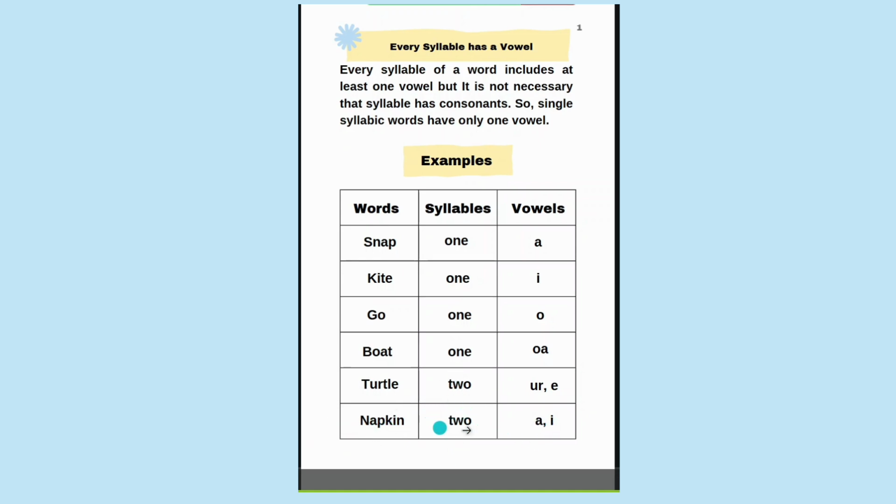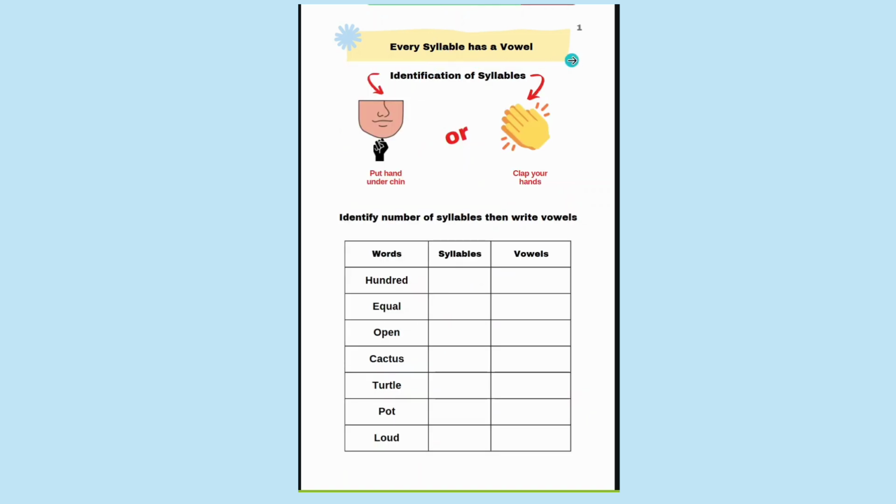So it is having two syllables. So every syllable must have a vowel. If we have three syllables, it means we are having three vowel sounds in it, or three vowels in it. Every syllable has a vowel.